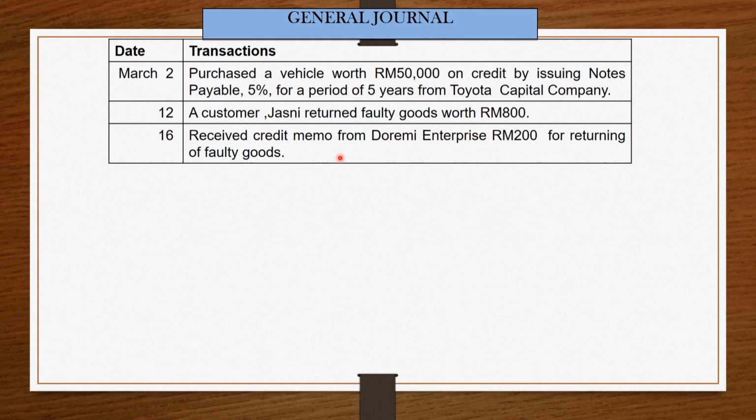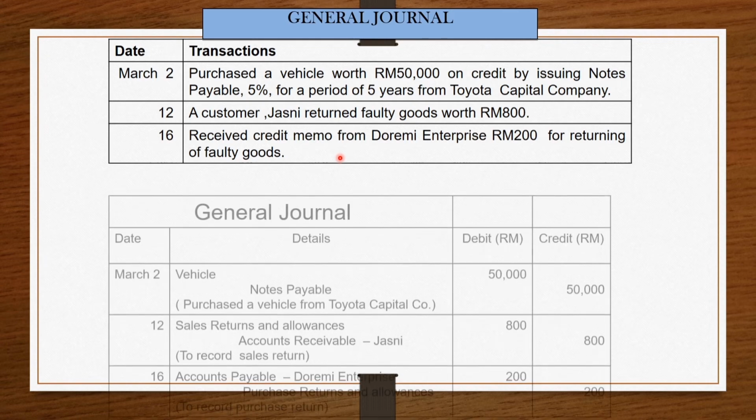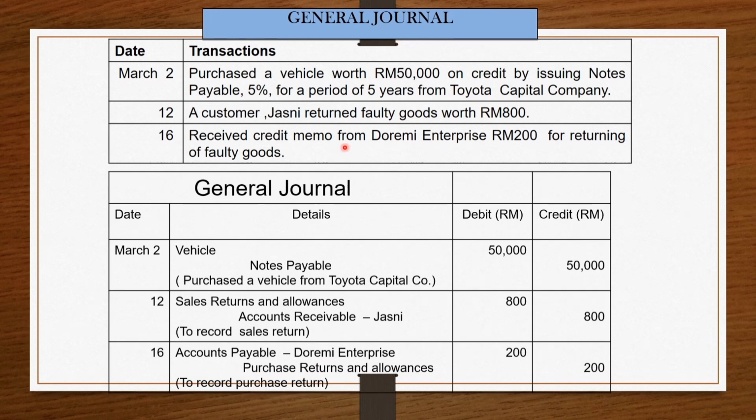So when you want to record in the general journal, the first transaction represents purchase of fixed asset on credit. And the second transaction represents the transaction for sales return.